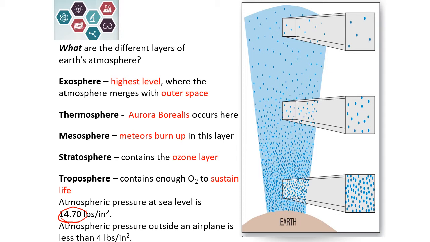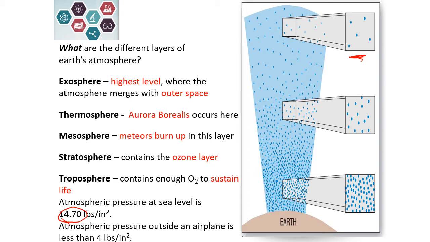If we were up in an airplane, there's less than 4 pounds per square inch. This image represents this by showing the molecules as more dense. There's more in the same area close to Earth, and much less as we move out towards outer space.